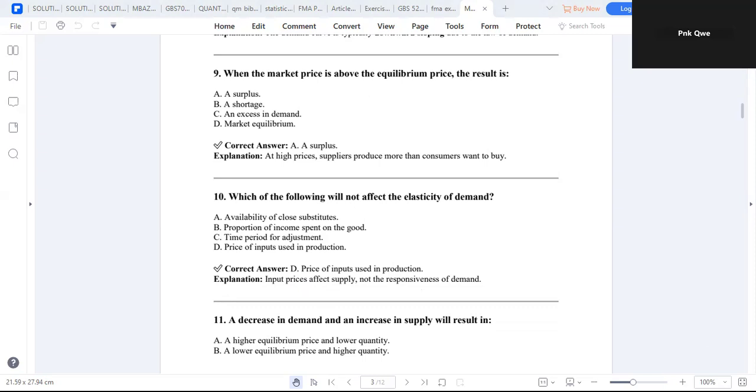Can somebody remind me? Mention any four. Availability of substitutes. The more substitutes, the more elastic.